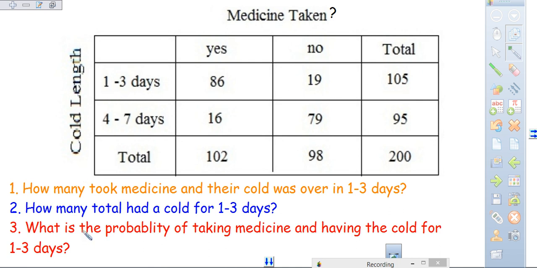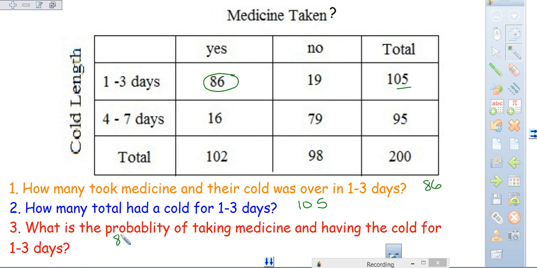So here are our questions using this table. How many took medicine and their cold was over in 1 to 3 days? That number right here would be 86 people. How many total had a cold for 1 to 3 days? That would be our 105. And the question is, what is the probability of taking medicine and having the cold for 1 to 3 days?